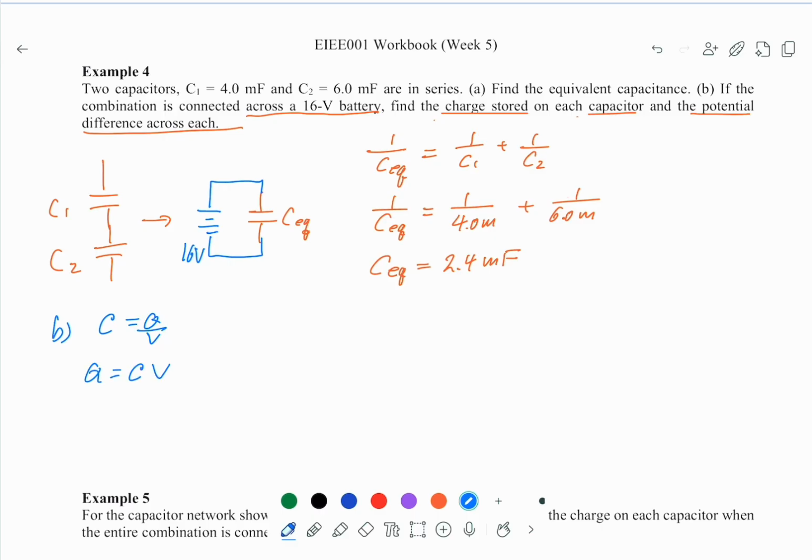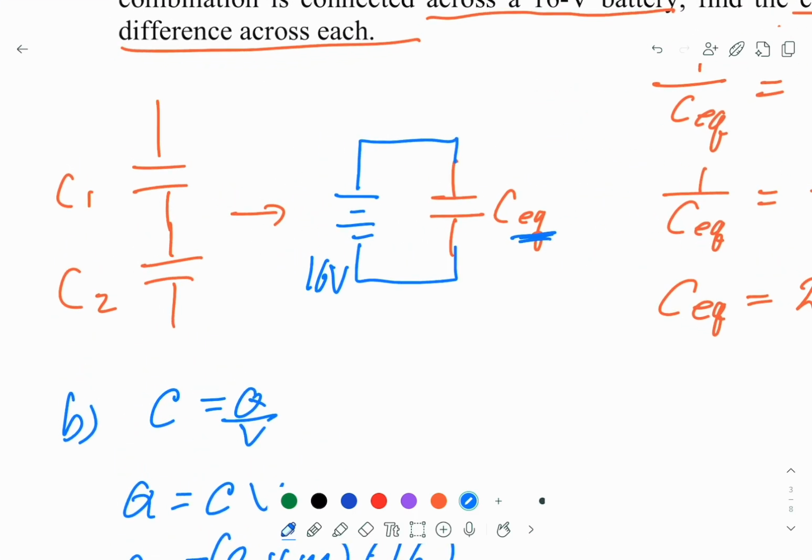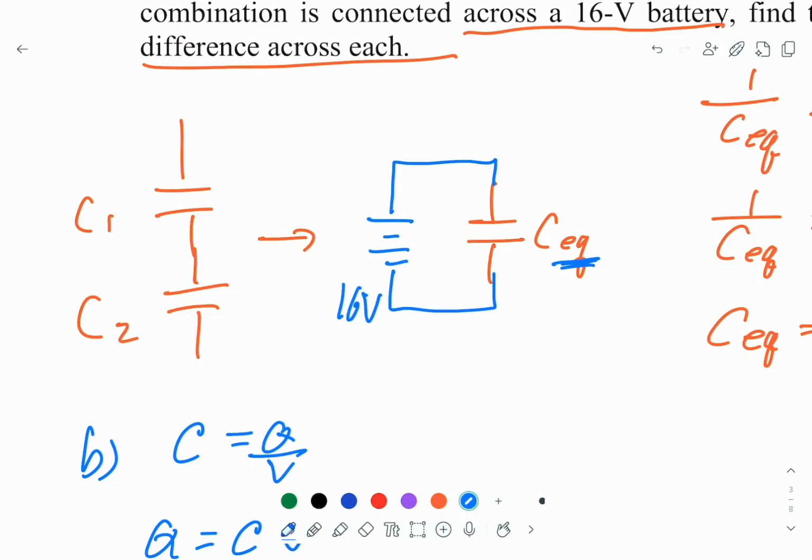This C is the equivalent capacitance. So this is 2.4 milli times 16. So the total charge here is 0.0384 coulomb.